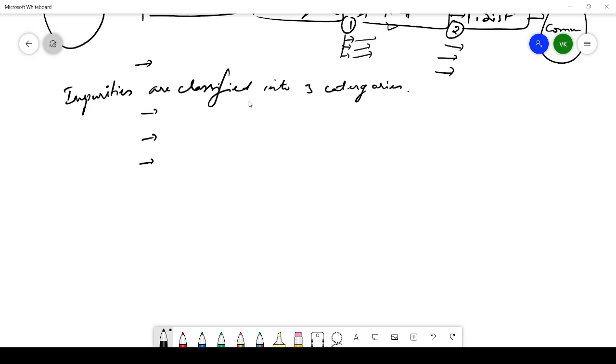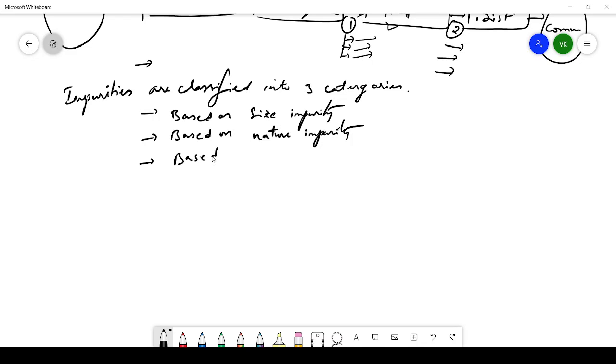Impurities are classified into three categories based on size of impurity, based on nature of impurity, and finally, based on state of matter. This classification is very important.